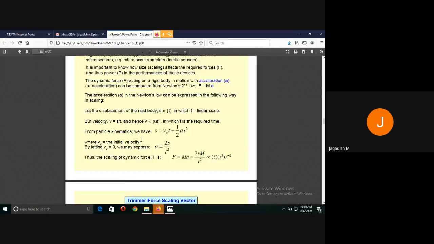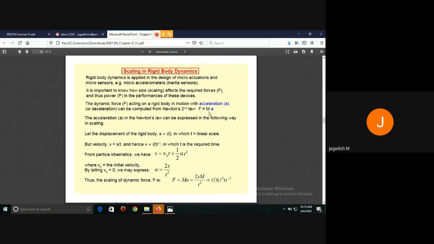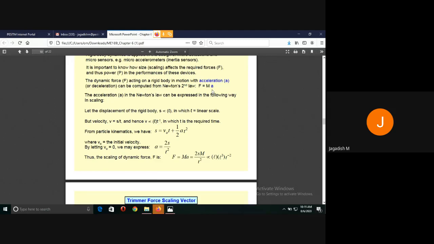Okay, we'll continue. From Newton's second law, F is equal to mass into acceleration, and from the kinematics equation, I know that acceleration is equal to 2 into s by t squared. Substituting this value of acceleration in this equation, I'll get F is equal to 2 into s into m by t squared. Leave out this 2.